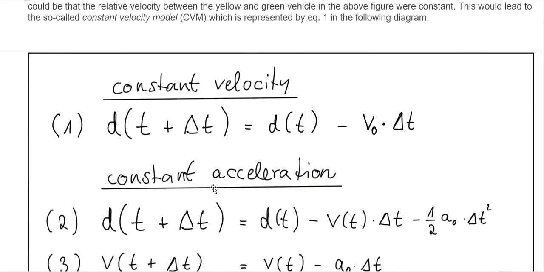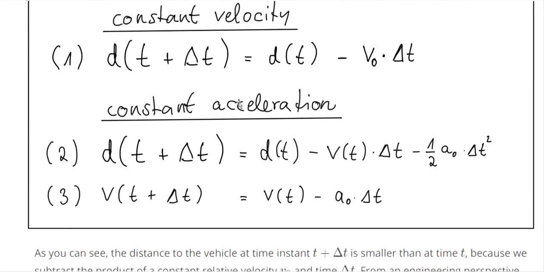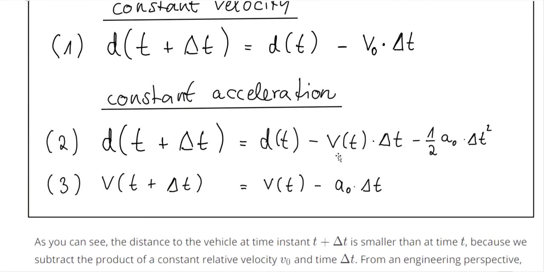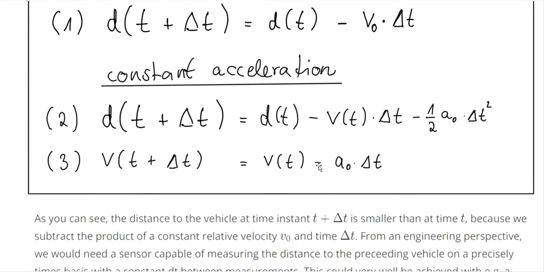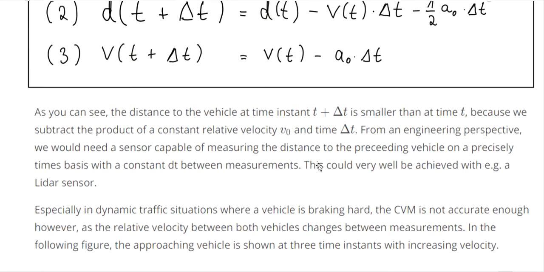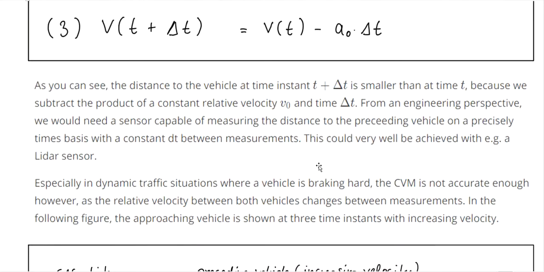In this case we assume constant velocity. In the other case, constant acceleration, there is this small part impacted by the acceleration. So the distance at time t plus delta t equals the distance at t minus the delta t term, minus this part from the acceleration. Thus we have two models.